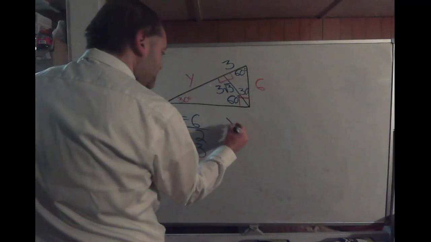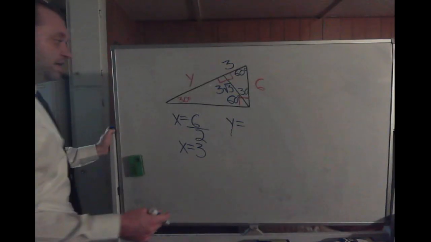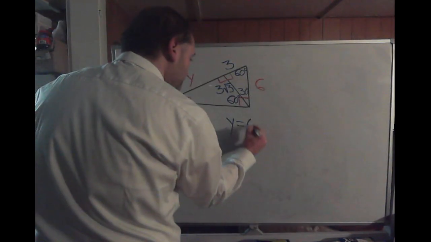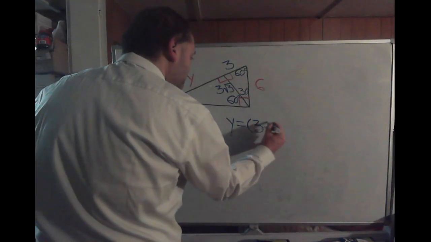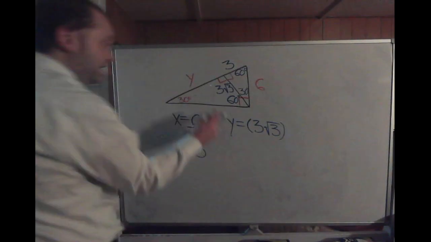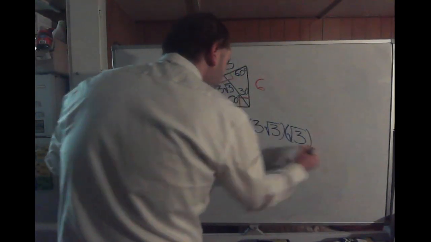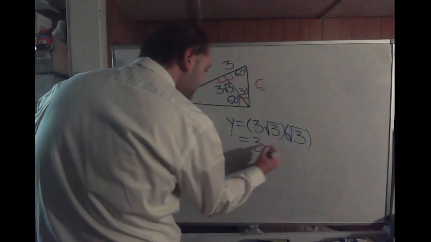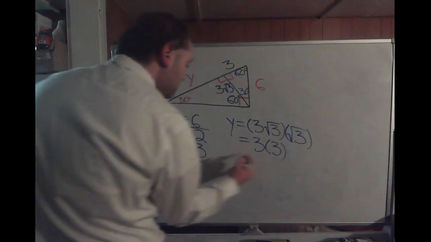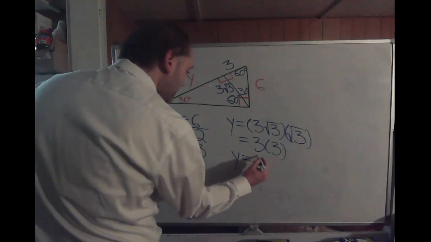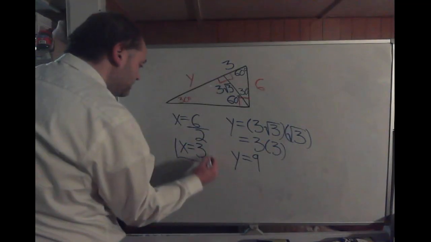Y is the length of your longer leg. So, in order to find the length of your longer leg, you're going to take that value of the shorter leg, 3 times the square root of 3, take all that times the square root of 3, which would simply turn this into 3 times 3, which means y would have to have a length of 9.